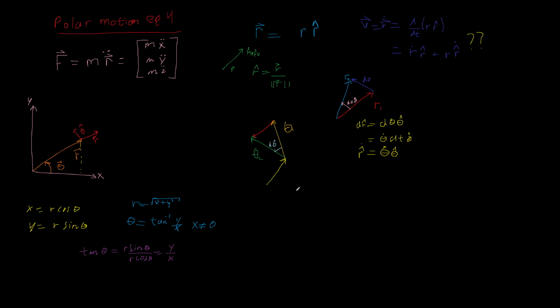So obviously this is some vector r, then we have this change in r hat, and this is the change in our angle times r hat. And obviously there's a direction here, so if you notice, these are proportional.